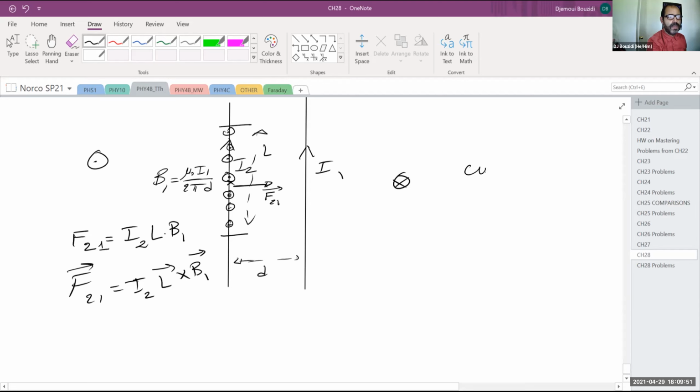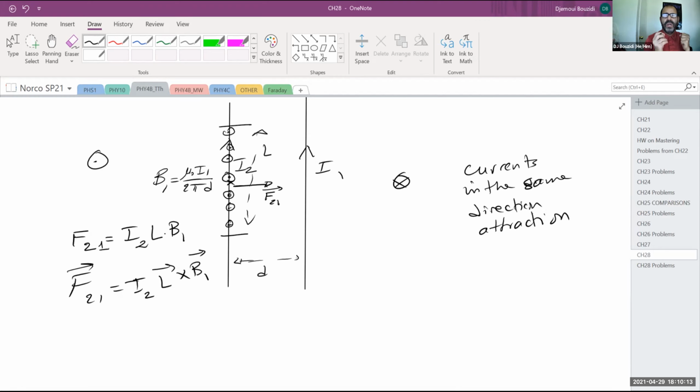So currents in the same direction attract, which is kind of opposite to what we've been seeing in the case of charges. Charges of the same sign, whether both positive or both negative, will repel. In this case, currents, whether they are both going up or both coming down, will attract. So this is opposite to what we have learned in the past for the case of charges.